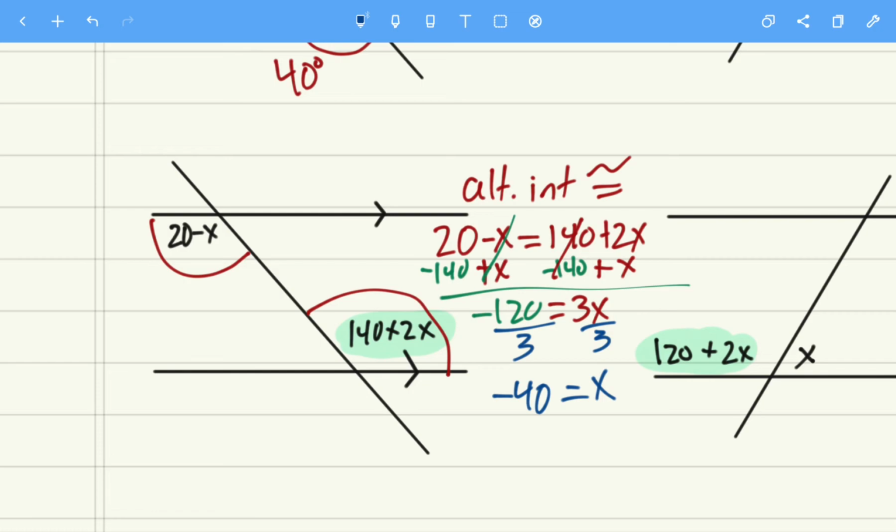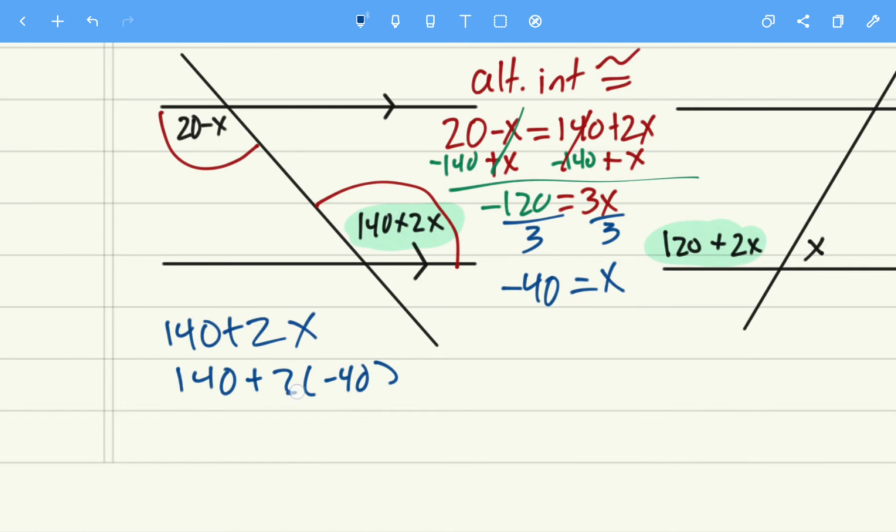And we want to solve for the angle. So let's do 140 plus 2x, replace the x with negative 40. 2 times negative 40 gives us negative 80. 140 plus negative 80 is 60.